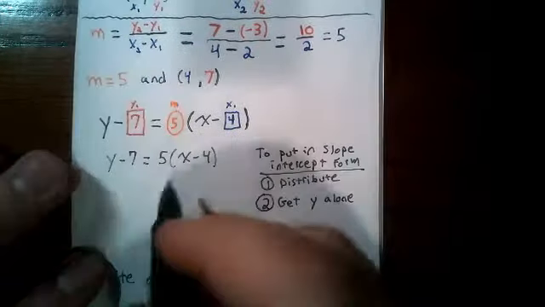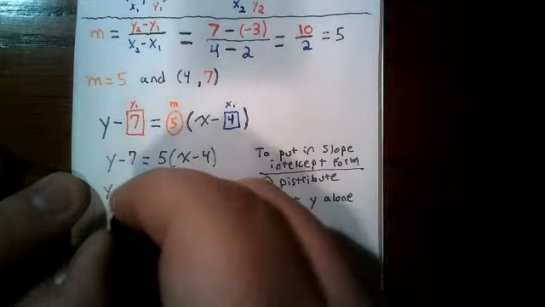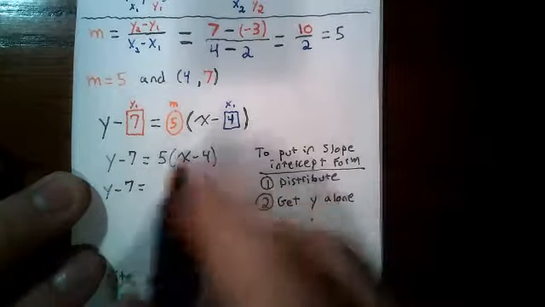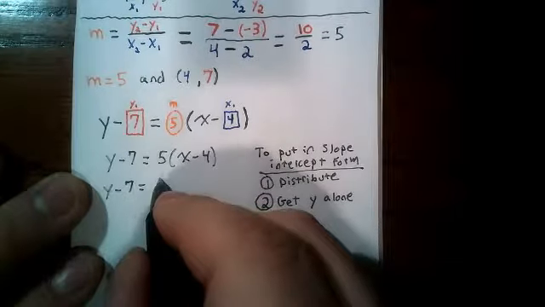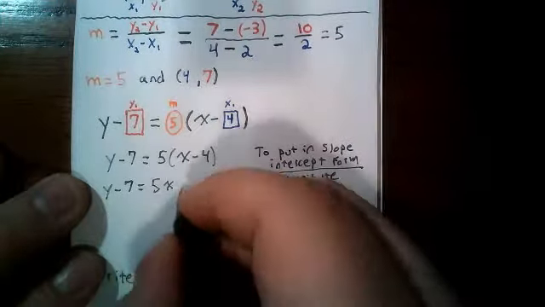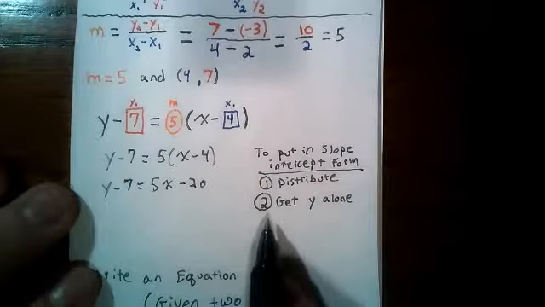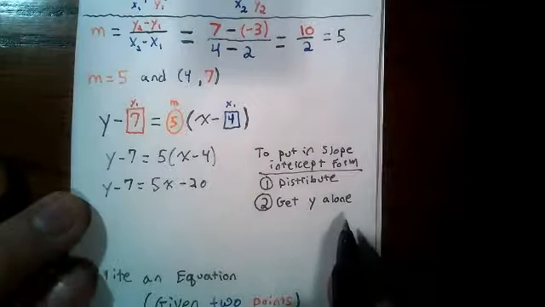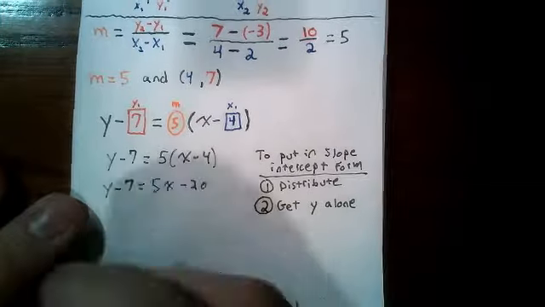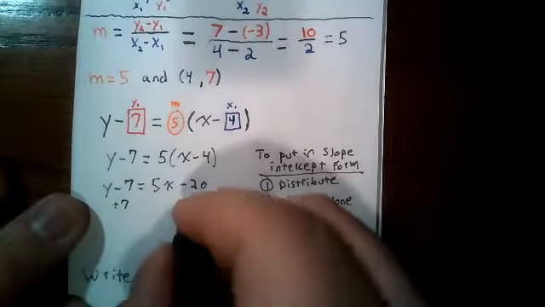My first one is going to be to distribute, which leaves me with y minus 7 equals 5 times x is 5x. 5 times negative 4 is negative 20. And my second step is to get the y alone. Well, getting the y alone, really that just consists of adding 7 to both sides.